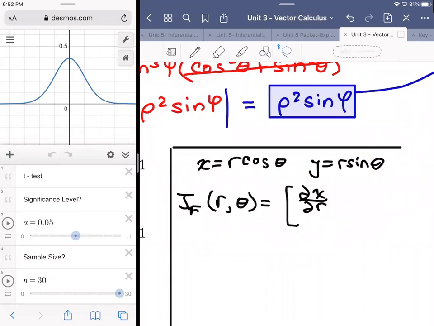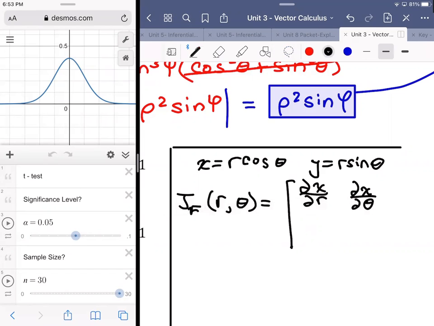My handwriting is bad enough as it is. When I try to be too precise, it always backfires. Partials, dx d theta. All right. Y dr, partial with respect to theta.